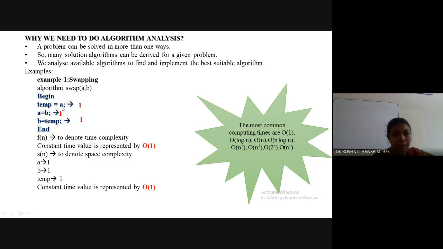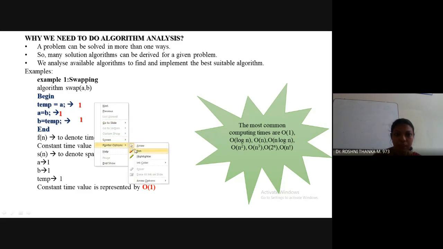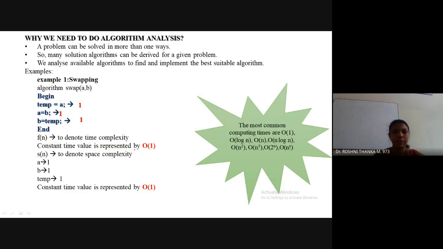If I want to say the time complexity, you all know this statement takes one operation, this statement will take another operation, and this one will take another operation. So three statements are there. How will I find the time complexity? We'll be adding 1 plus 1 plus 1, which is equal to 3, and it is a constant.